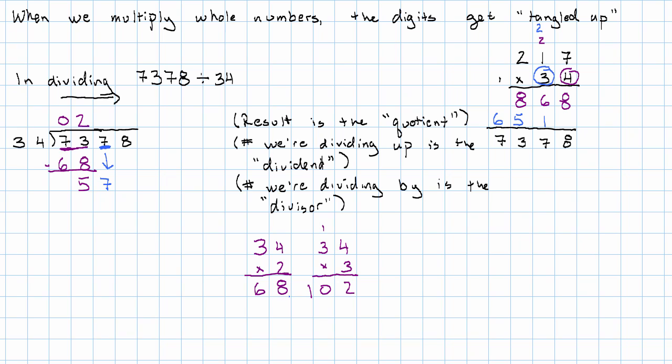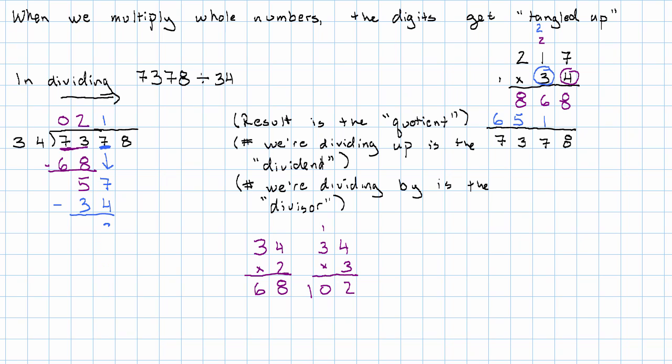Well, twice is too much. 34 goes into 57 only once, because that's less than 68. So 34 goes into 57 once, using up 34 things.